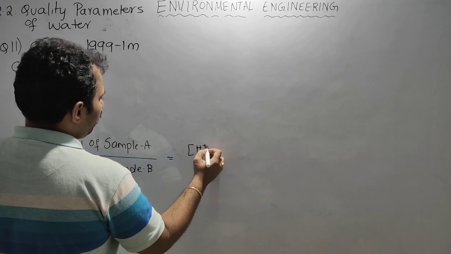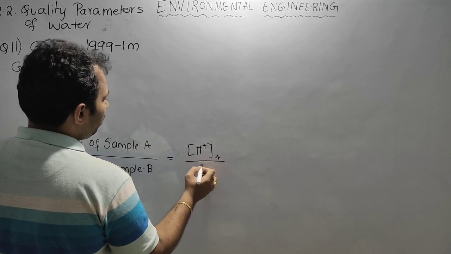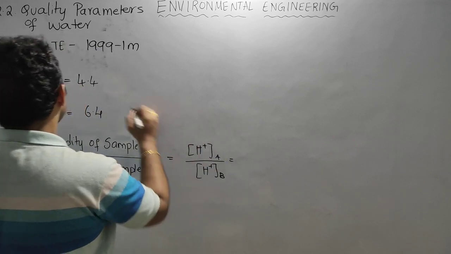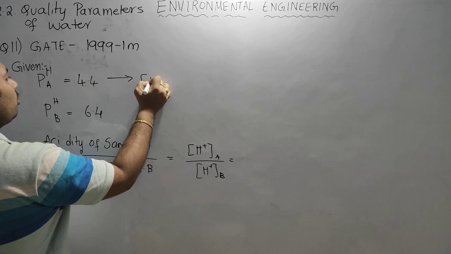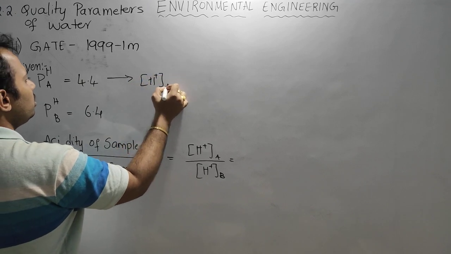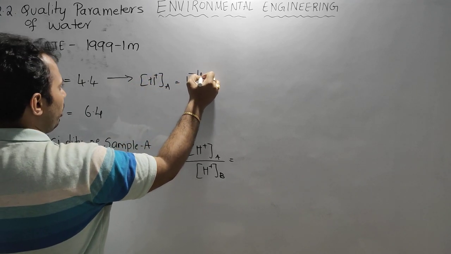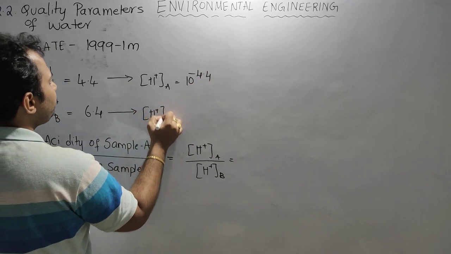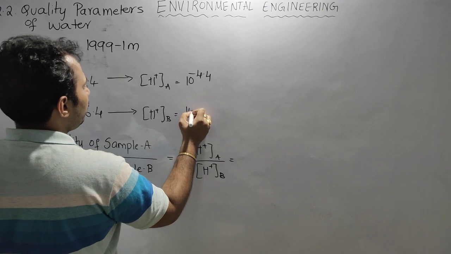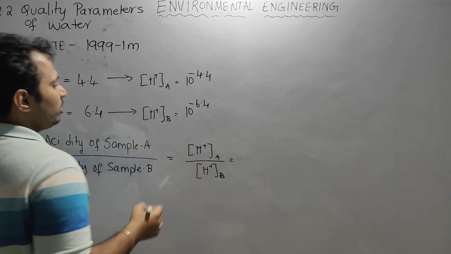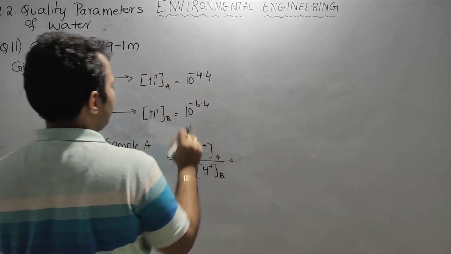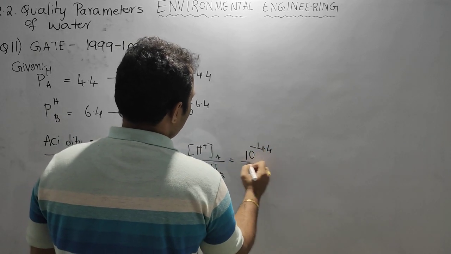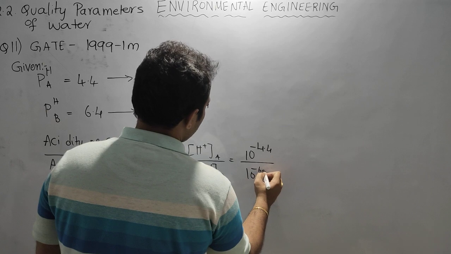What is the H plus ion concentration of A upon what is the H plus ion concentration of B? So H plus ion concentration of A is 10 to the power of minus 4.4, and H plus ion concentration of B is 10 to the power of minus 6.4. So the ratio is 10 to the power of minus 4.4 by 10 to the power of minus 6.4.